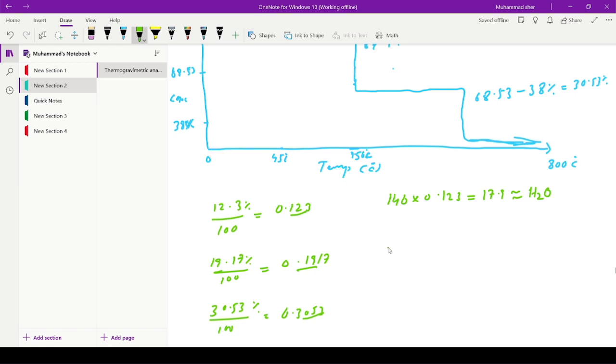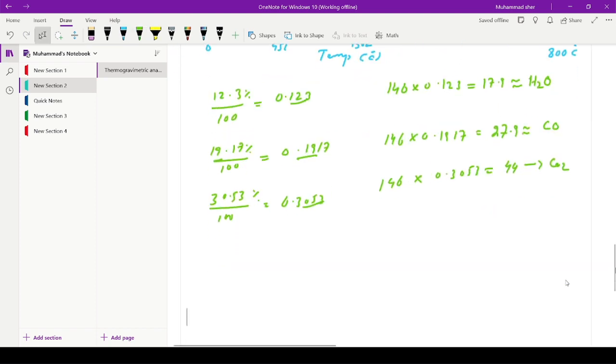Multiplying 146 by 0.1917 gives 27.9, approximately carbon monoxide. Multiplying by 0.3053 gives 44, the molecular weight of carbon dioxide.